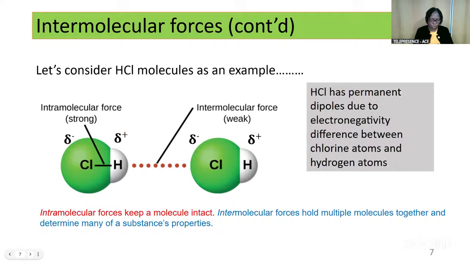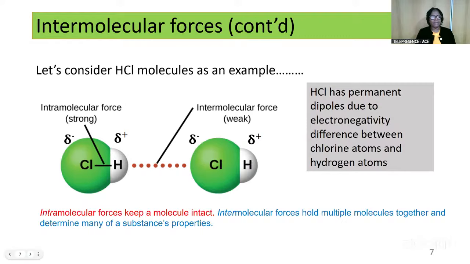So how do those molecules stay together in 1 mole of a substance? That is what the intermolecular force does, holding thousands or millions of molecules together. But each molecule has its own intramolecular force, which is the chemical bond.